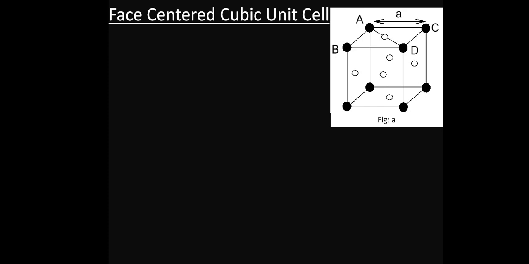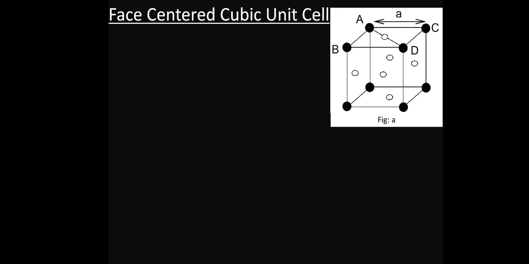Now, this is the open structure representation of a face-centered cubic unit cell, where the spheres which you can see in figure A represent the center of the particle and not the particle itself.